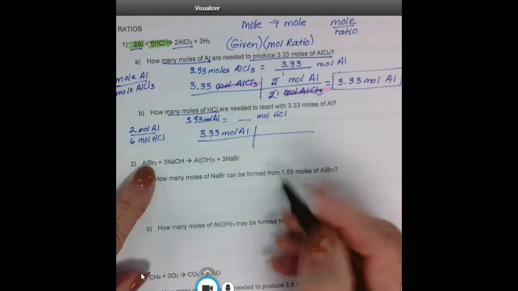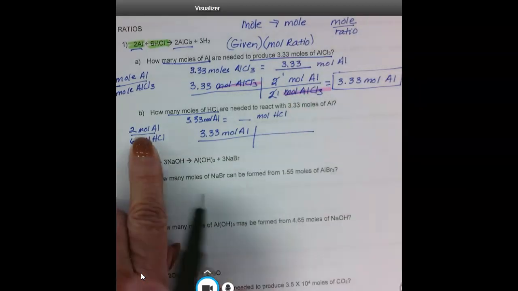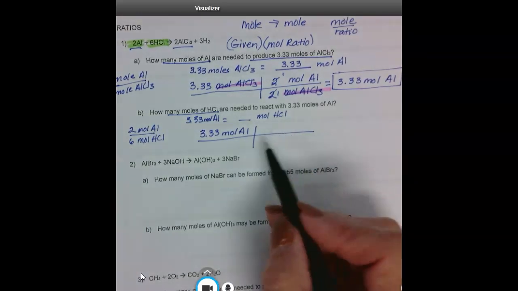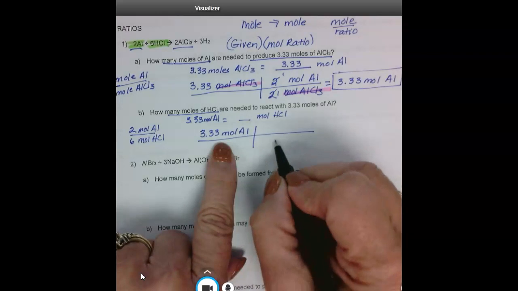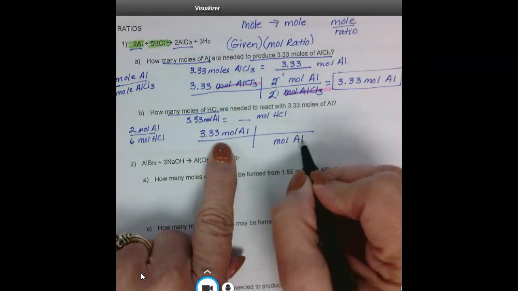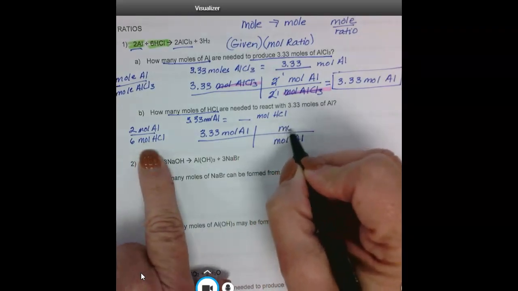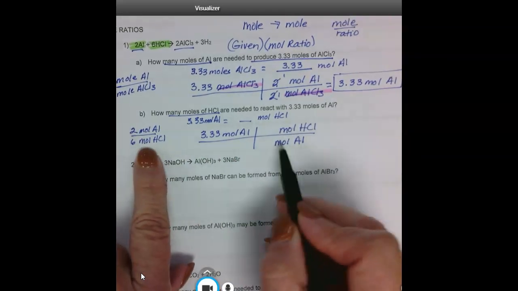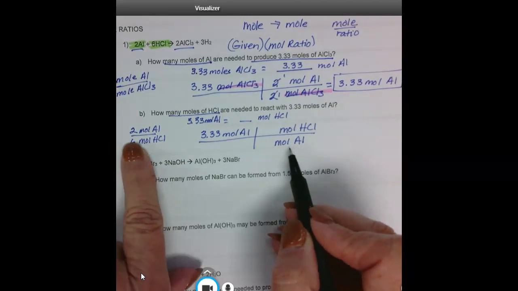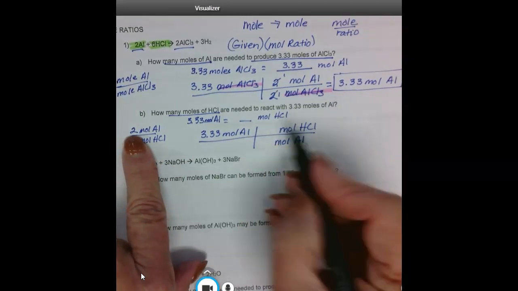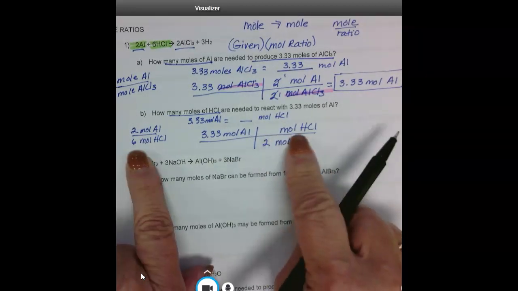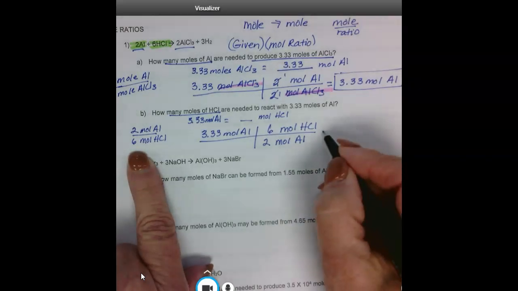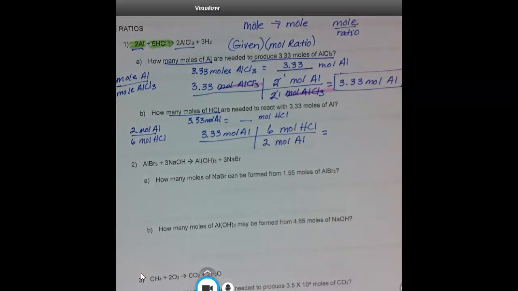I have my mole ratio that I need. Now be sure you put it correctly. Just because I wrote it this way over here does not mean that that's what I need. Since I have moles of aluminum, I need my moles of aluminum here, and I'm going to moles of HCl. So even though I wrote it this way, be careful as to how you put it over here. The 2 goes with the aluminum, and the 6 goes with the hydrochloric acid. And then again, you're going to run your numbers.